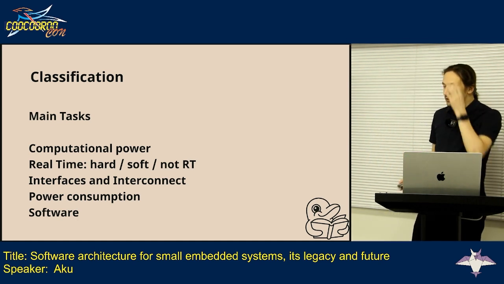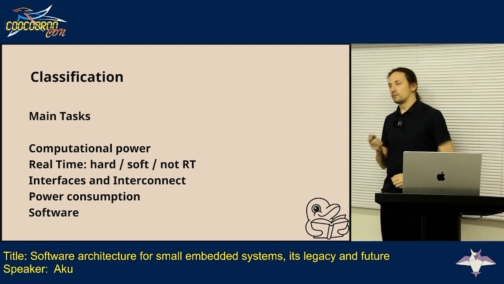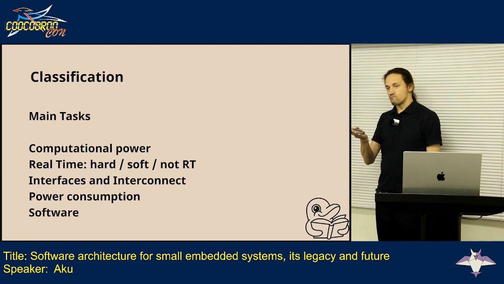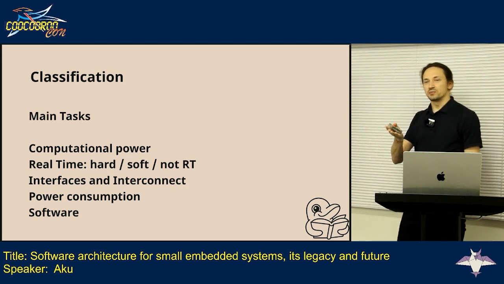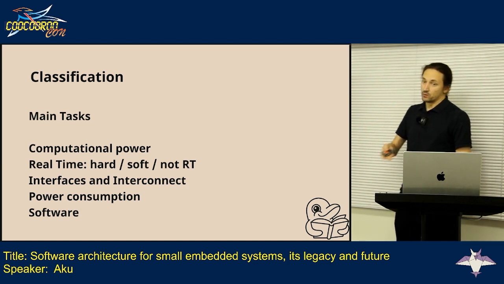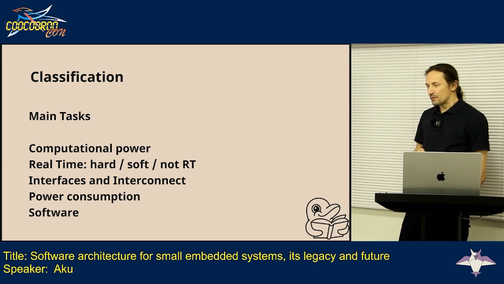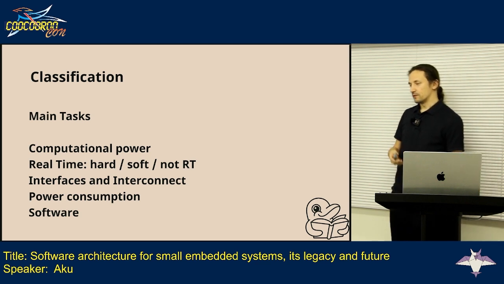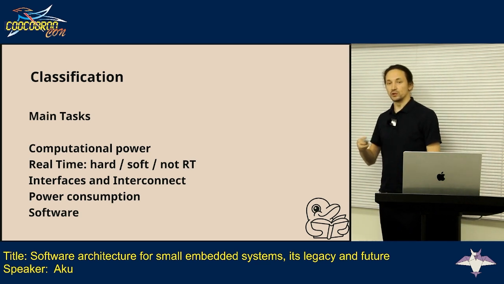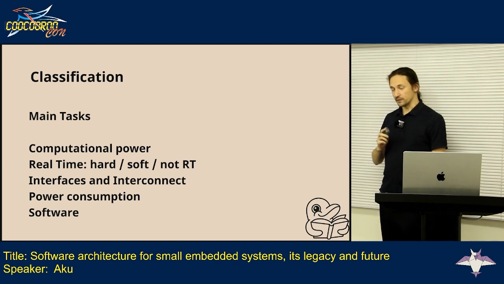And then we get the whole new area of power consumption. So there are devices like the one that is connected to a power supply or your power plug. There's no problem if they consume a little bit more than a traditional device or your mobile phone. But it actually does matter when you have some kind of mobile device that you would like to have at least for one day in your pocket.